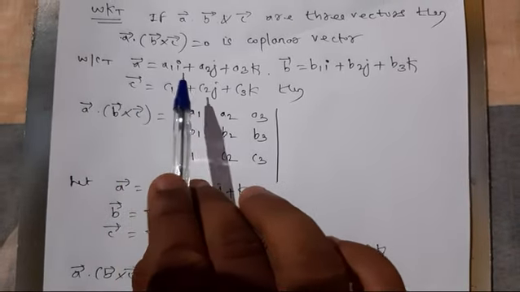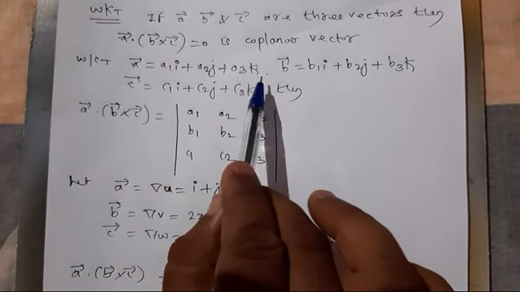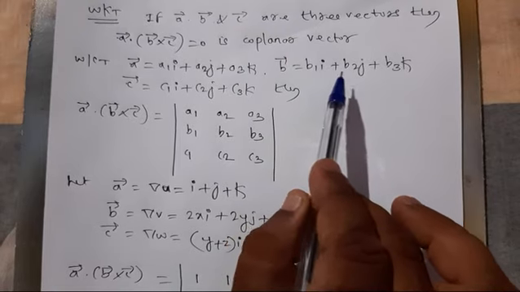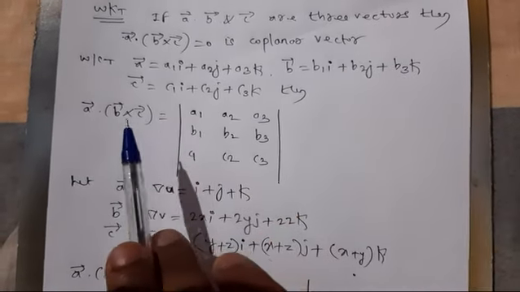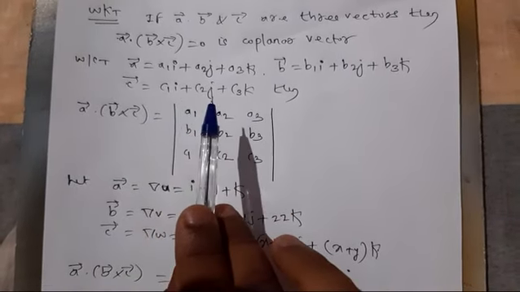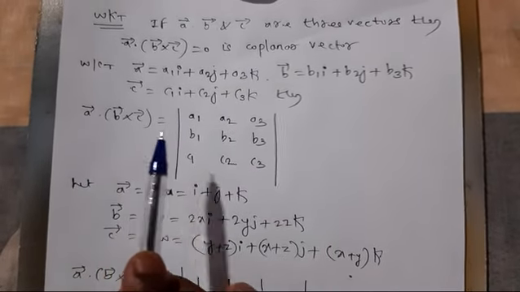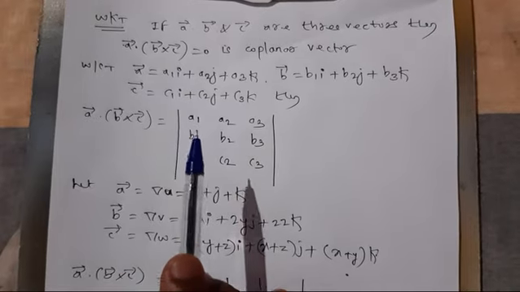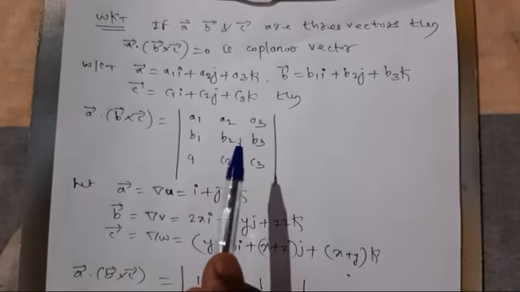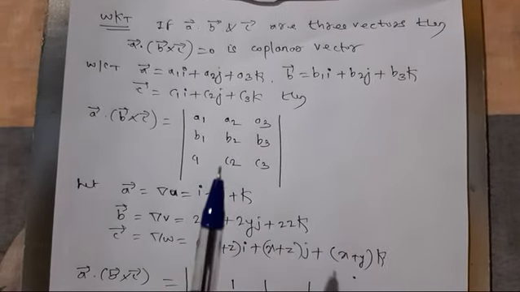If a equals a1 i plus a2 j plus a3 k, b equals b1 i plus b2 j plus b3 k, and vector c equals c1 i plus c2 j plus c3 k, then the scalar product of three vectors is given by the determinant of a1 a2 a3, b1 b2 b3, c1 c2 c3.